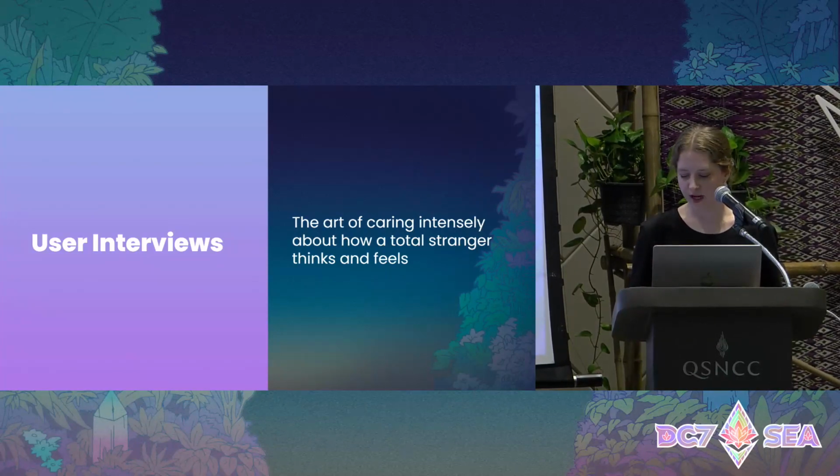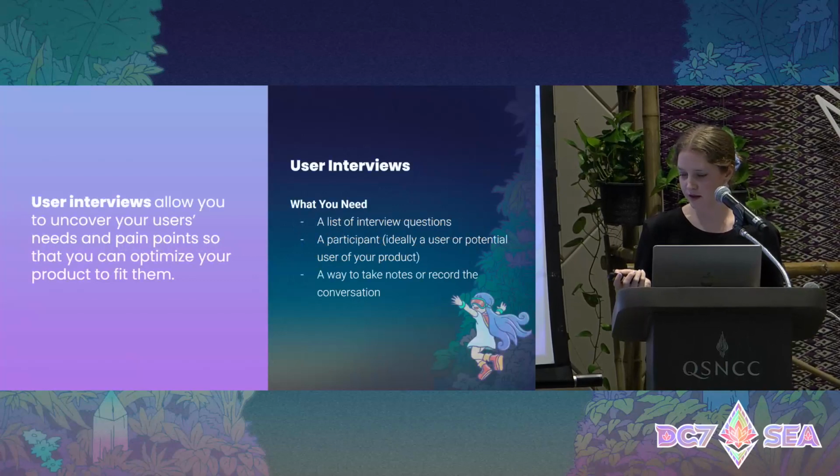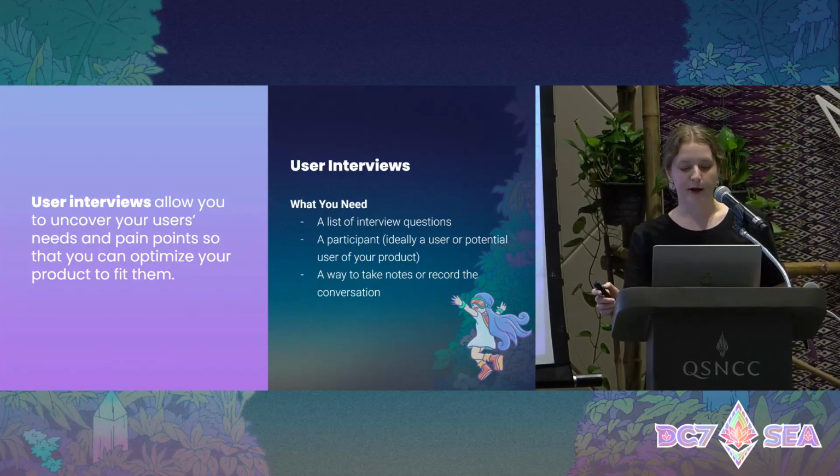And what I mean by that is that user interviews basically are a way of uncovering your users' needs, uncovering their pain points, so that you can optimize your product to fit them. So the goal is to learn as much as possible about this person's thoughts, fears, wishes, needs, habits, as related to the topic of study, so that you can build a product that will make their lives easier and make them want to use it.